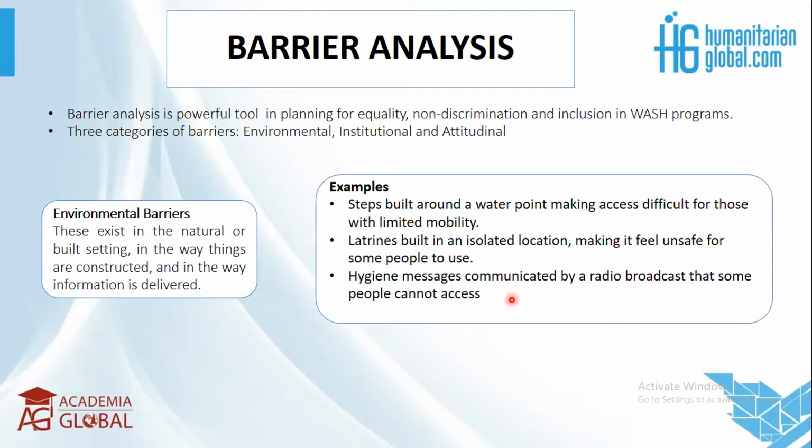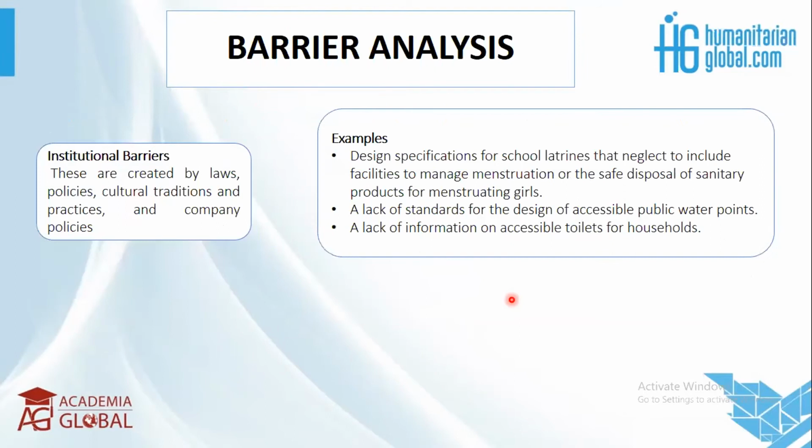The second category is what we call institutional barriers. These are created by laws, policies, cultural traditions and practices, and sometimes even company policies. Examples are design specifications for latrines that neglect to include facilities to manage menstruation.